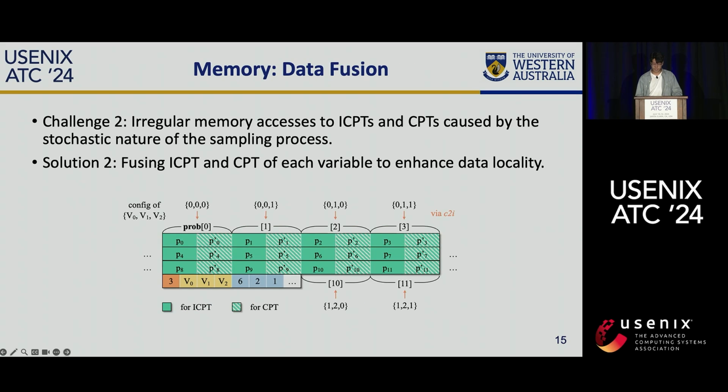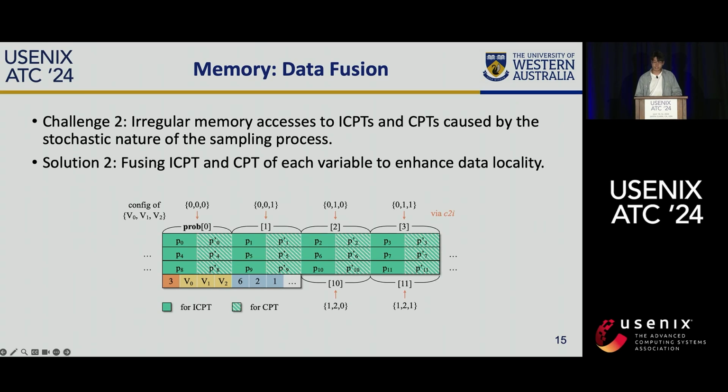Another challenge is irregular memory access. The sampling process introduced unavoidable irregular memory accesses of ICPT and CPT. We found that ICPT and CPT for the same variable have the same structure, and the probabilities at the same position of them are frequently accessed together.